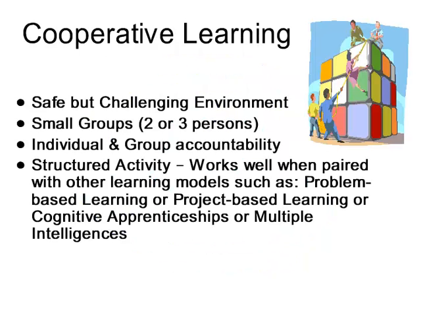Okay. You need to create a safe but challenging environment in order to use cooperative learning. The key is the safe, and probably underline safe, because you need to allow learners to feel like they're safe within their groups to explore ideas and not be shut down. I found that groups of 2 or 3 work best.